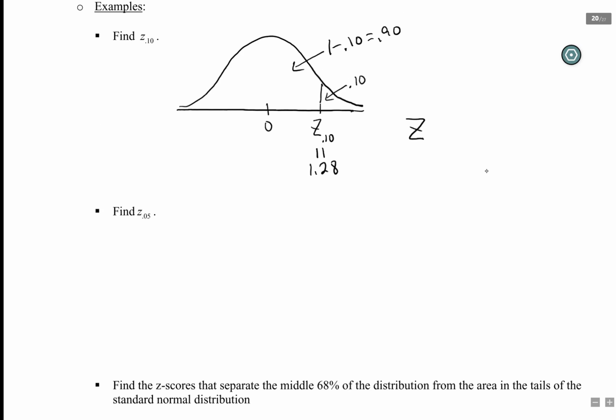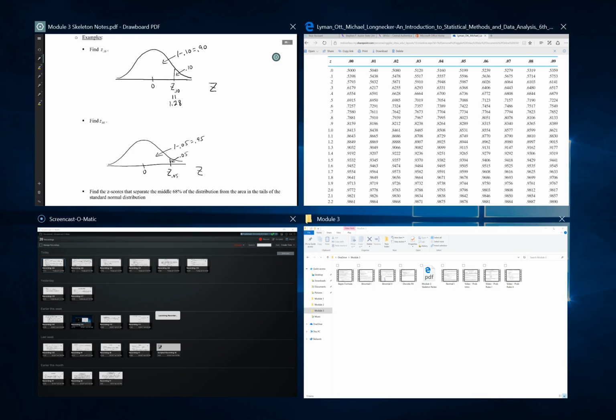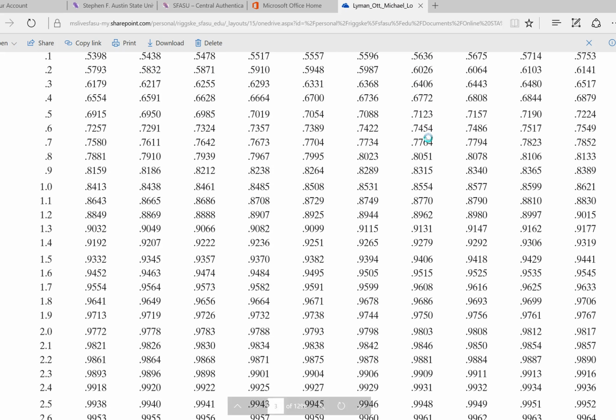Another one here, let's find z sub 0.05. Again, we have a bell curve. Mean is 0. Z sub 0.05 is going to be a little further out in the tail than z sub 0.10. The area under the curve to the right of this value is 0.05. The area under the curve to the left of this value is 1 minus 0.05. So I'm going to come back to my table. I'm going to look for a z-score that has a left area closest to 0.95.